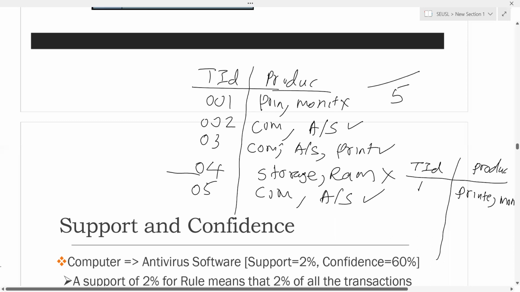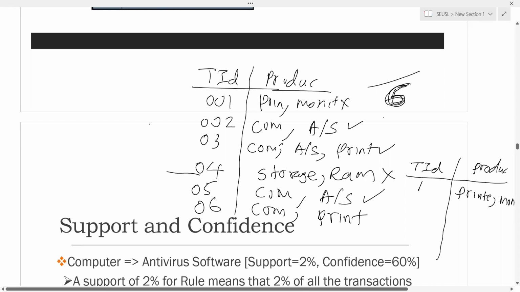Okay, I will put another transaction here. Transaction 6: he is buying computer and printer. Now the total number of transactions is 6. Among them, how many people buy computer and antivirus software?